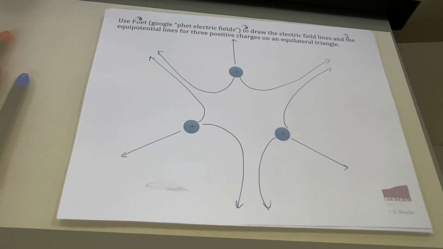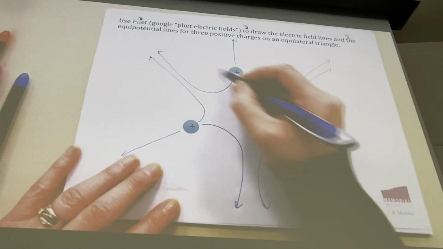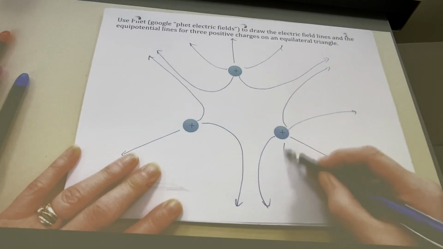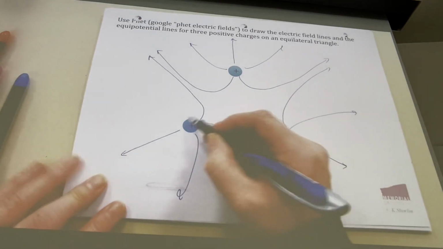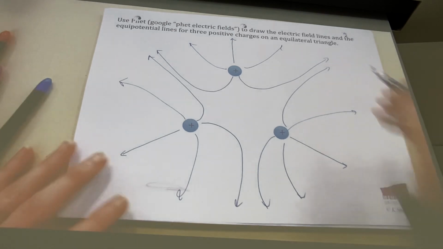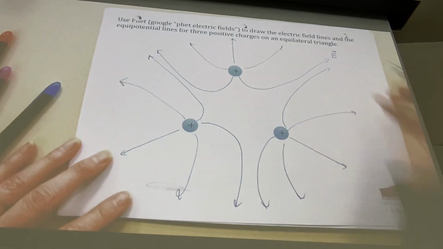So they're veering away, they're not crossing, and we can put in a couple more on each one. Okay, this picture is not perfect, but it's not bad. It gives us the idea, and it meets all the things we're looking for, that we're out of the positive. It's got equal number of lines for each charge, and those lines don't ever cross. You can label them with the electric fields.